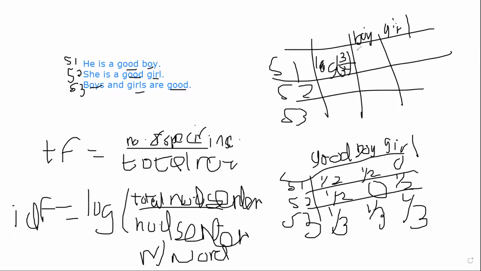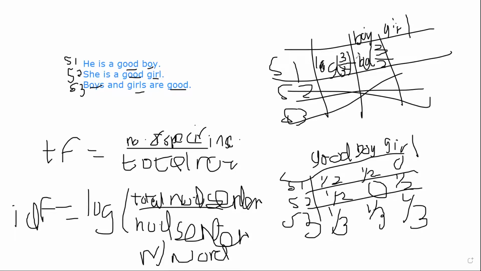For the word boy, it will be log of, numerator will be 3 as usual, divided by the number of sentences which contain the word boy. There are 2 sentences containing the word boy, so it will be log 3 by 2.